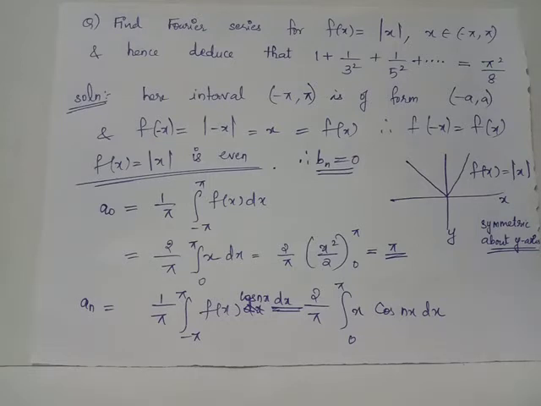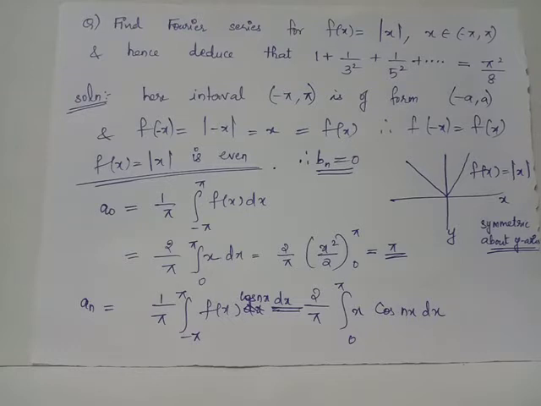We have an = 1/π ∫ from -π to π of f(x) cos nx dx. Since f(x) is an even function and cos nx is also an even function, and the product of two even functions will again be an even function, the integral from -π to π of f(x) cos nx dx can be replaced by 2 times the integral from 0 to π of x cos nx dx.